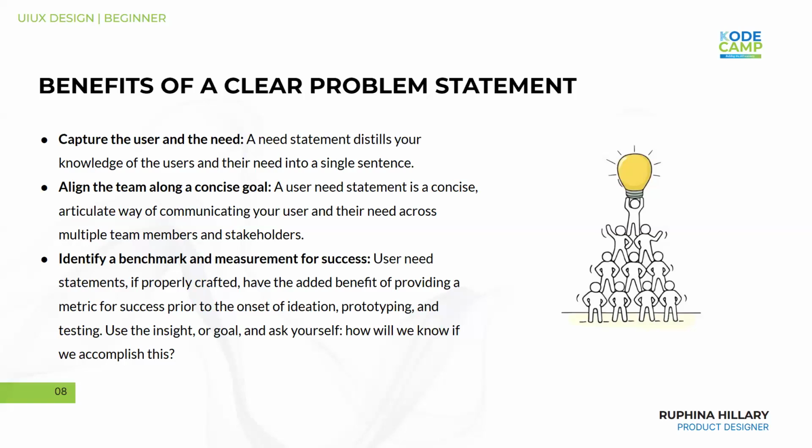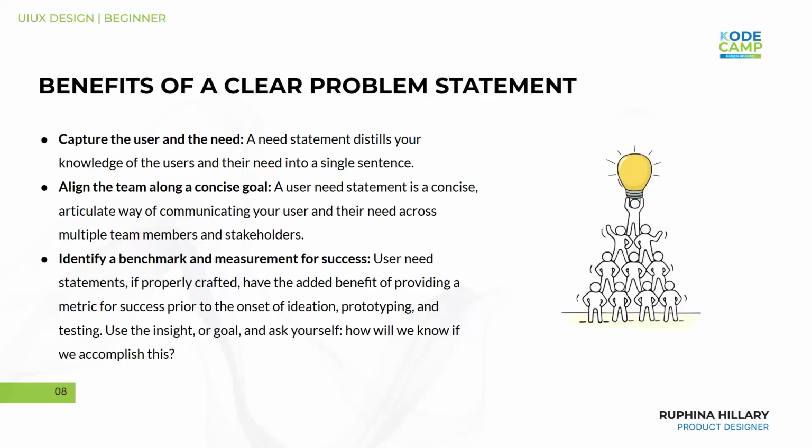So it's almost a miracle to distill that whole maze of information into one single sentence that represents your user's need. Now is the right time to say that a problem statement can be general and can be specific.